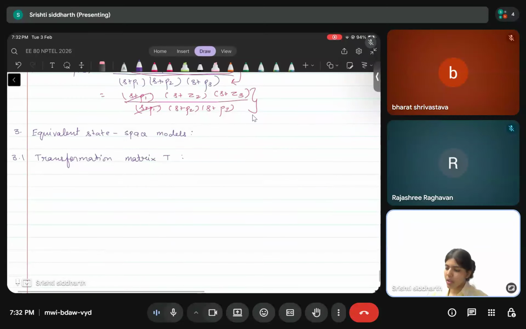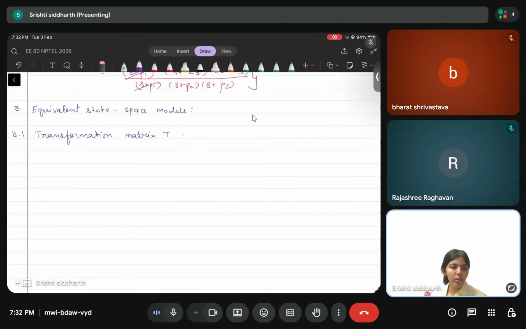All right, so since we have already discussed that there is no unique state space representation, for the same system we could have x dot equals Ax plus Bu and y equals Cx plus Du. And let's say the same system can be represented by the state z.